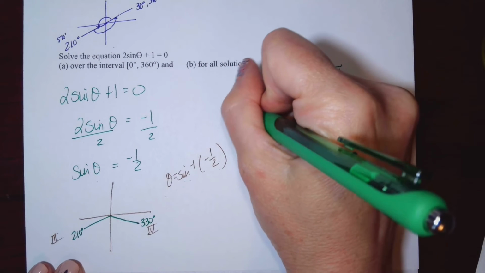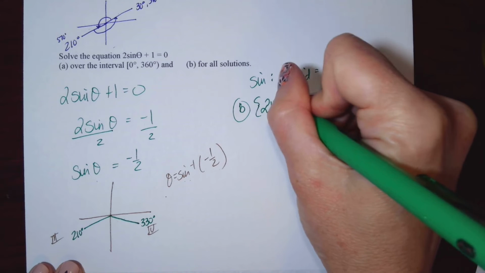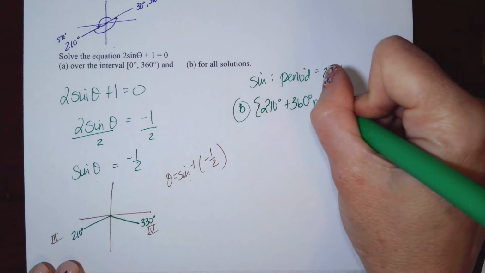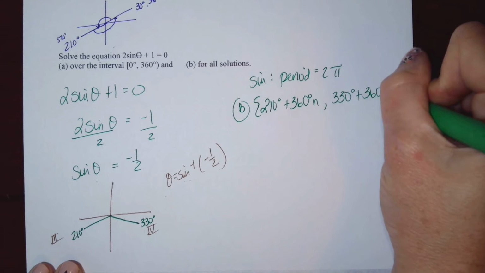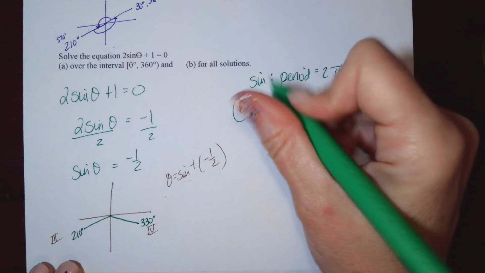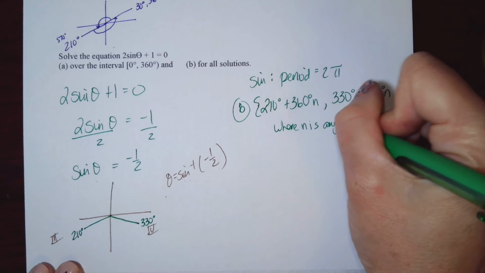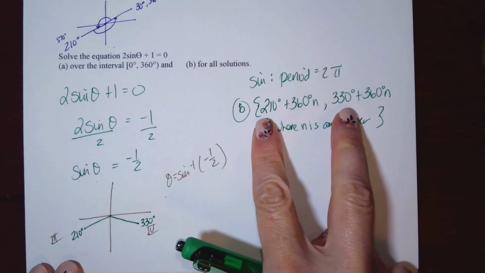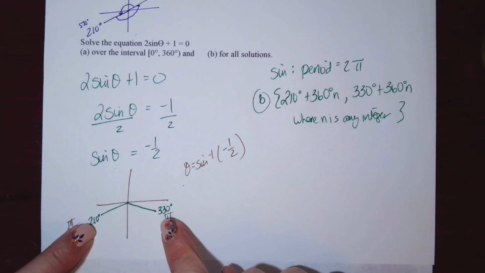So my all solutions statement is going to be all values of 210 degrees plus multiples of 360, or 330 plus full rotations, where n is any integer. So these angles tell me where that terminal side needs to land.